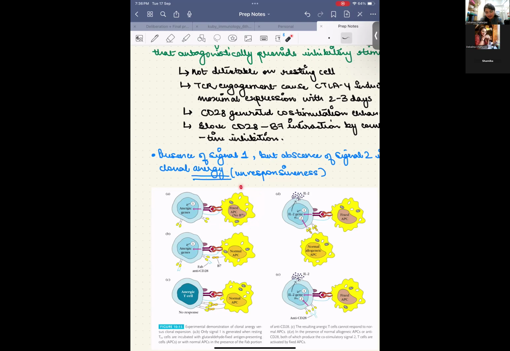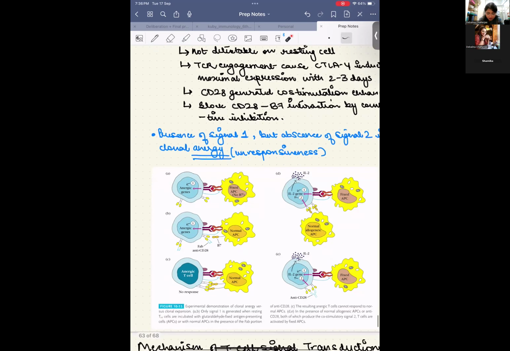But since we have fixed the cell, the B7 increase could not happen. And because of that, no second signal is possible here, because there is no B7.